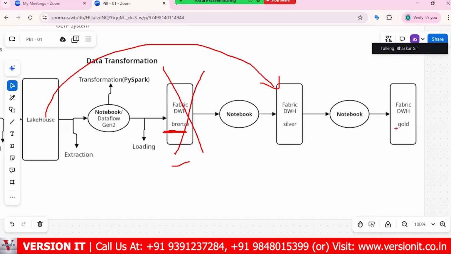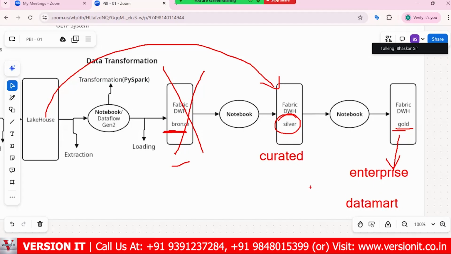After this gold, we have different layers. In my project we call silver curated, and this one we call enterprise, and we also have a data mart.